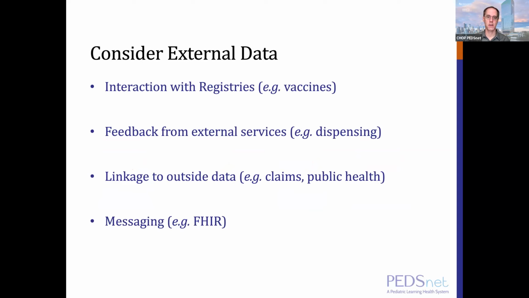For instance, interaction with vaccine information systems or vaccine registries was a core part of the Meaningful Use Initiative, and nearly every EHR will interact in some fashion with local vaccine registries, although the completeness of those registries varies greatly from place to place. In some cases, the EHRs are deployed with pathways for data to feed back in from external services, such as pharmacy benefits managers providing dispensing data back to the institution for use in clinical care.